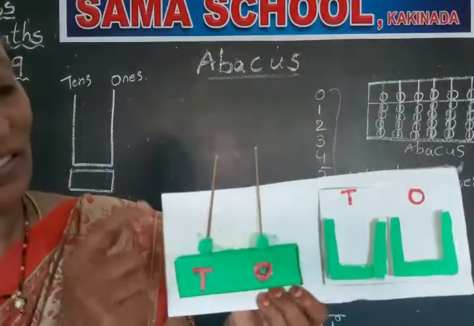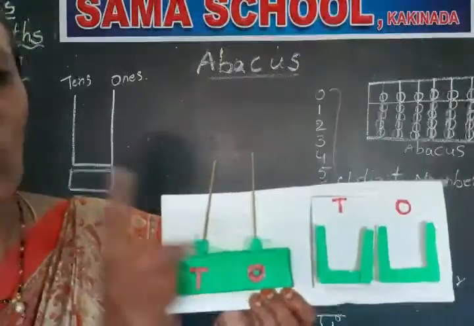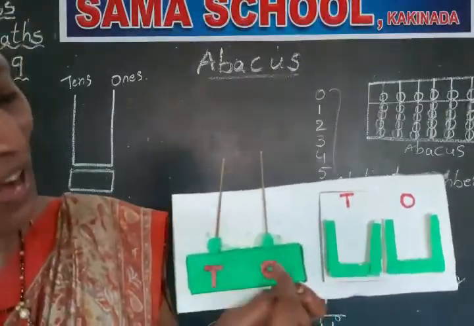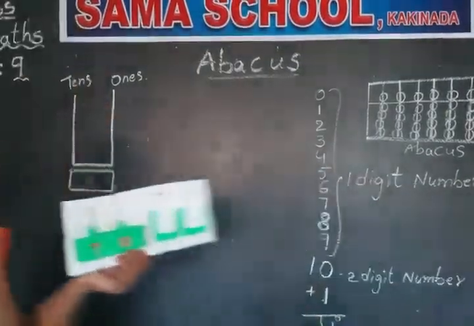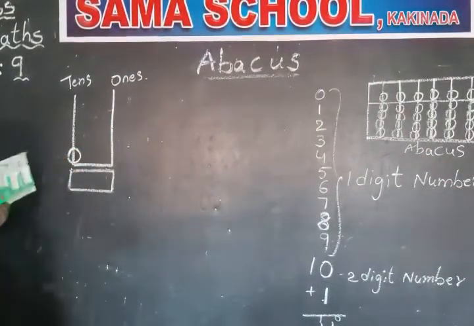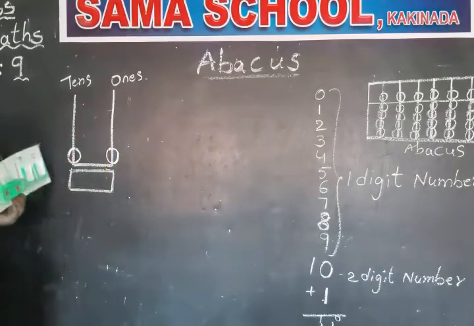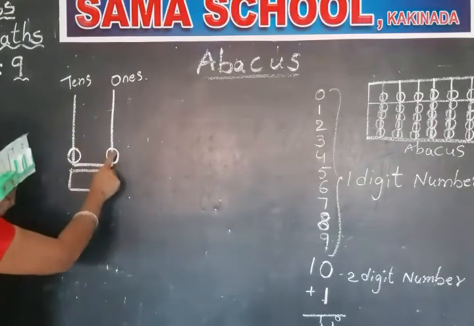One bead only, no? In ones place, how many beads? Here also one bead. Now this is one and this is one. In tens place one bead and the ones place also one bead.